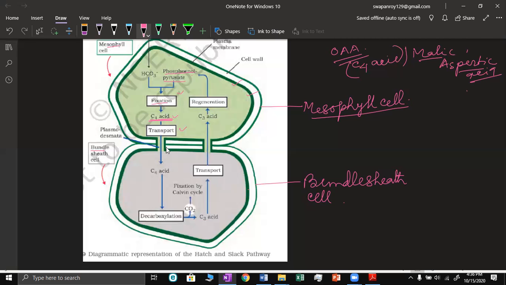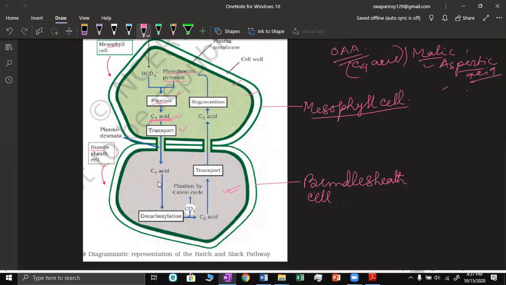Plasmodesmata are the cytoplasmic connection between or among the neighboring cells. Okay. So this C4 acid, like malic acid, aspartic acid, that is transported to bundle sheath cell, and from the bundle sheath cell it enters in the chloroplast of the bundle sheath cell.